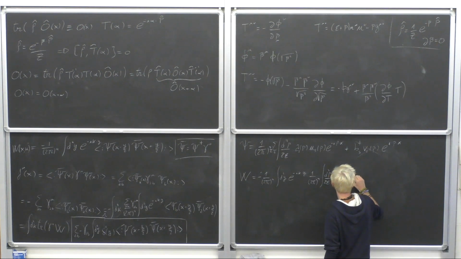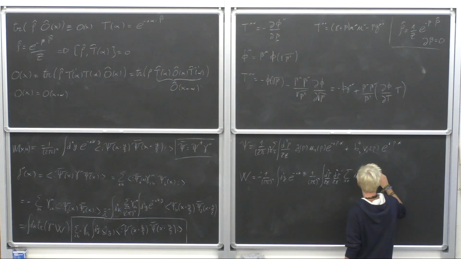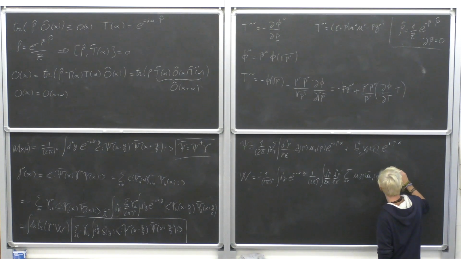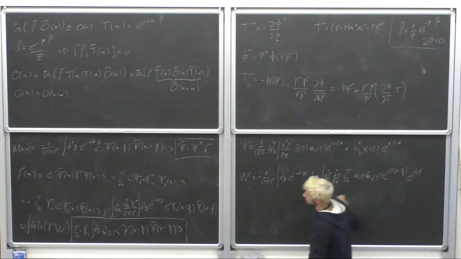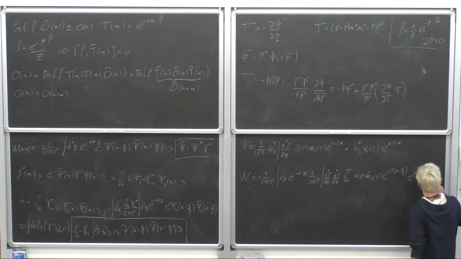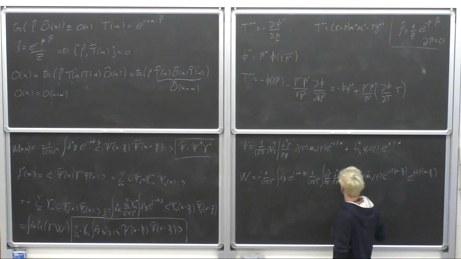Let's write the sum over s and r of u_s of p, u bar r of p prime. We have e to the minus i p (x minus y/2), and e to the plus i p prime. Here we have a plus because it is psi bar, and that's also why we have a u bar here. (x plus y/2).